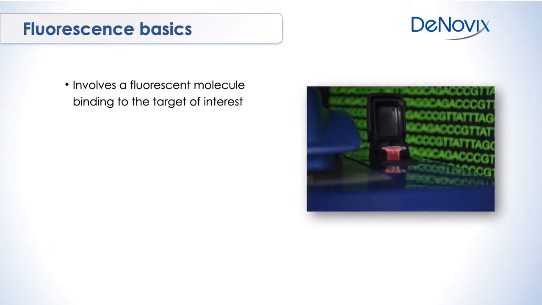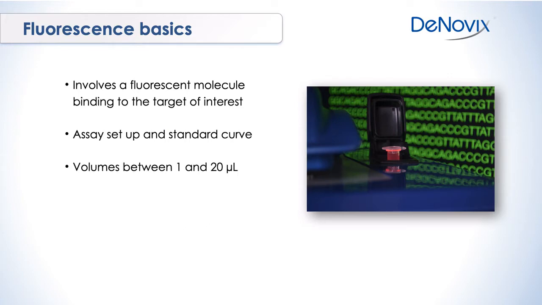So the comparison or the contrast with fluorescence is that when we use fluorescence assays, it involves a fluorescence molecule binding to the target of interest. So we have to set up an assay, and this requires us to set up a standard curve alongside that assay. Volumes generally, it's variable because there are many different assays available.